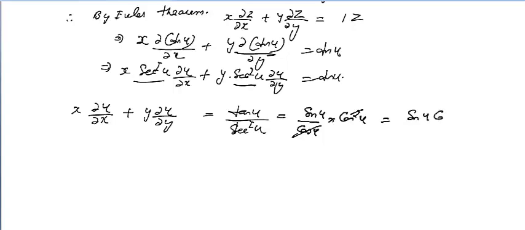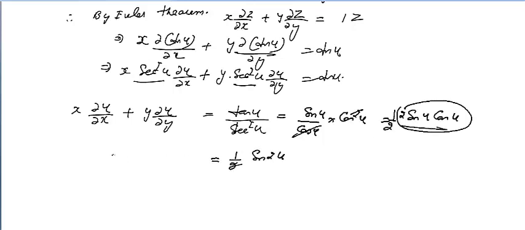You have sin u cos u. I can apply the formula of sin 2 theta, but you need 2 here, so I will divide with 2 also. So this becomes 1 by 2, and this is the formula of sin 2u. Now x ∂u/∂x + y ∂u/∂y. So this is equation number 1.